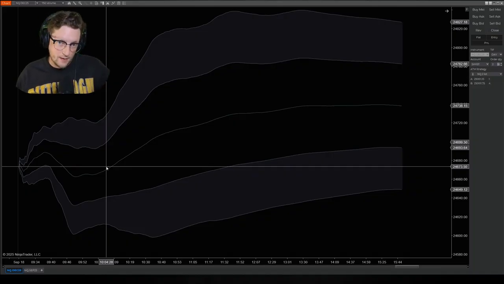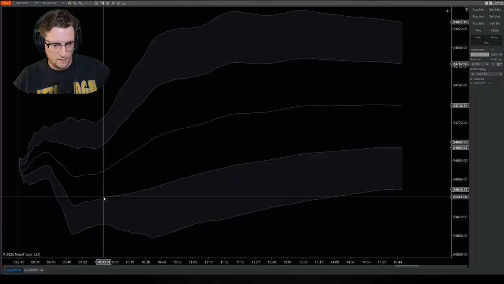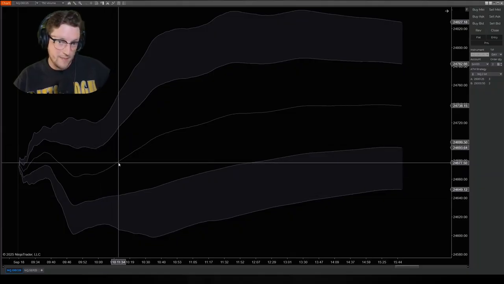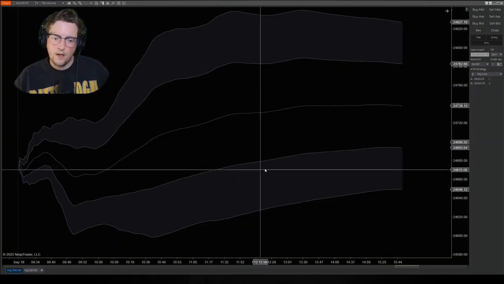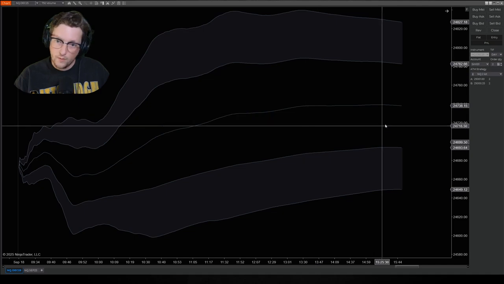Either somebody's mad and thinks price is too high or too low, or everybody's cool and they want to keep it wherever it is. There are often days where price spends most of its time in between the -1 and the +1 standard deviations of the mean, in this scenario VWAP, right? And that is balanced. This is orbiting around itself, living if it wants to in here.